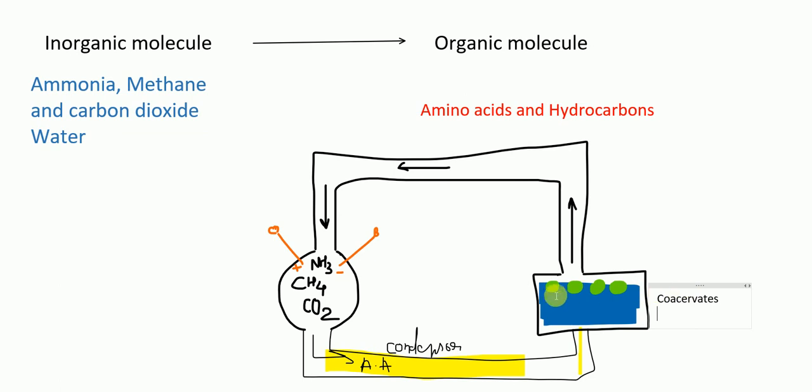These organic molecules were called coacervates. They were not membrane bound. The hydrocarbons over time developed to form triglycerols. The amino acids developed to form protein, and the nitrogenous bases over time developed to form RNA and DNA. And this explained the origin of the protocell, which over years developed into an actual cell.